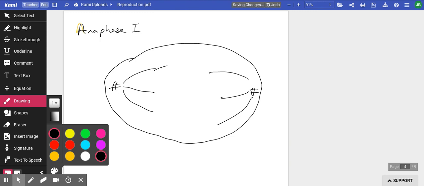So in anaphase 1, the chromatids are pulled apart, but they're not always pulled apart the same. It's completely random. And there's a couple of phrases here that address this. The process of pulling chromosomes apart is called disjunction.